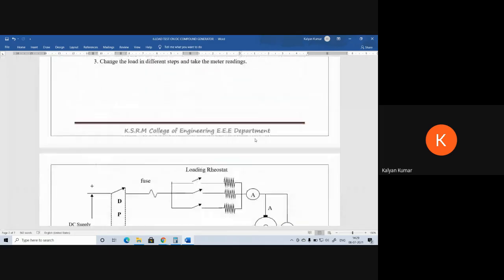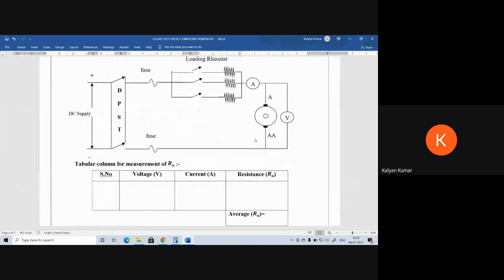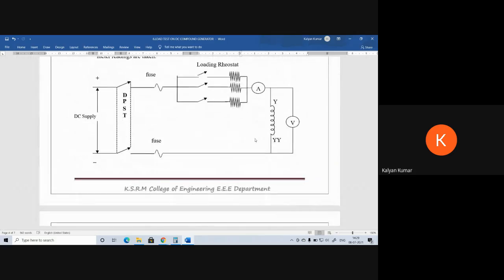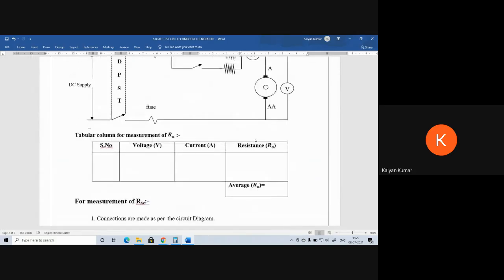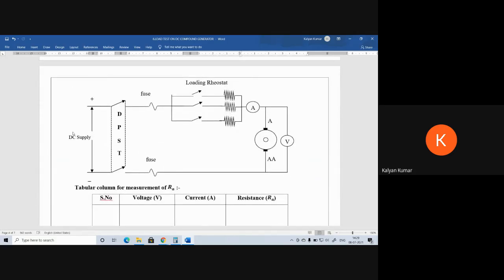And there are two more circuits for measuring the armature resistance and series field resistance. Here the DC supply that we are going to give is 220 volts, and as the armature resistance is of the order of 2 ohms, if you apply 220 volts directly, a current of 110 amps will flow through the armature.